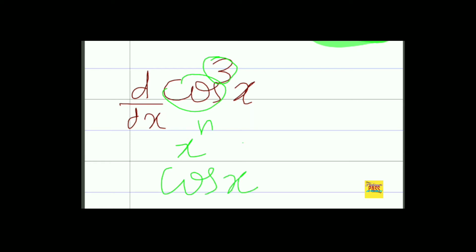First, for cos x raised to n, that is n into x raised to n minus 1. In place of n, the value would be 3, and then we will differentiate cos x, that is minus sin x.